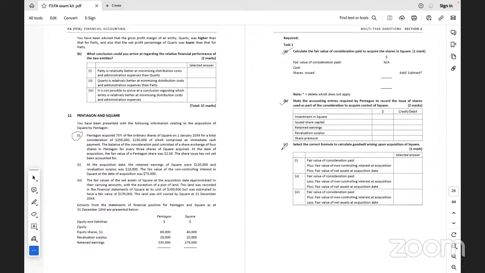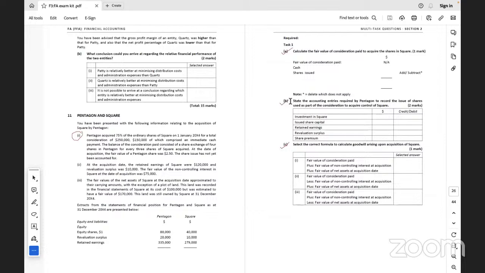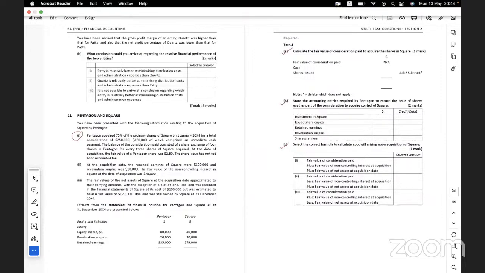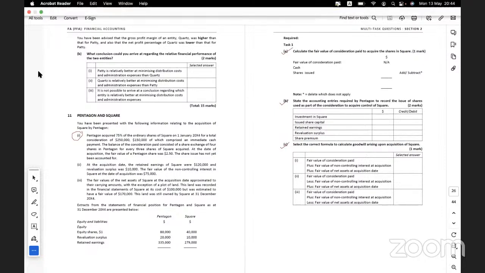So guys, remember, A and C would not be a problem at all. Only B, you have to be careful because they are asking the double entry for the share exchange. I gave you all the double entry earlier, guys. Same thing is what they are asking. Okay, right. Can you try this question a little bit and see over here, A, B, and C, Pentagon and Square question.